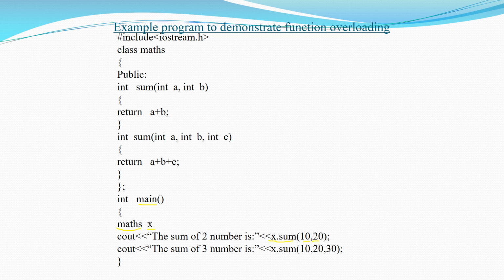Once the function is accessed by x, it is known that the object belongs to the Max class. It goes to the class Max and finds out whether I have the sum function.